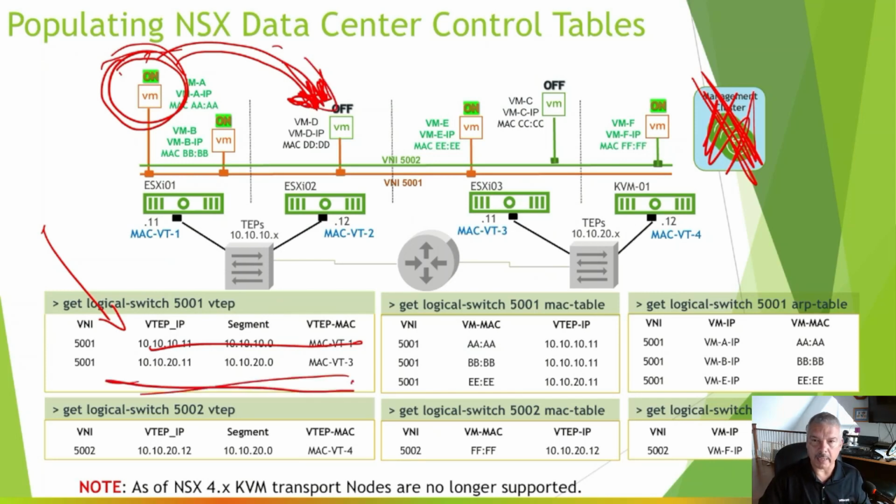So again, when we vMotion VMs around in an NSX environment, we need to update the central control plane, and the central control plane needs to update all the other transport nodes saying, hey, we just vMotioned, this VM is now over here. That's not a big deal, but again, if control plane's down, you won't be able to do vMotions or anything, which I think is a good thing. NSX for vSphere, anybody played with that, it allowed you to do it, and it created all kinds of potential issues, which we won't get into.